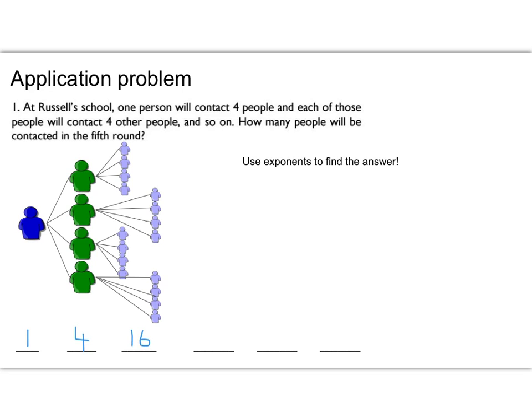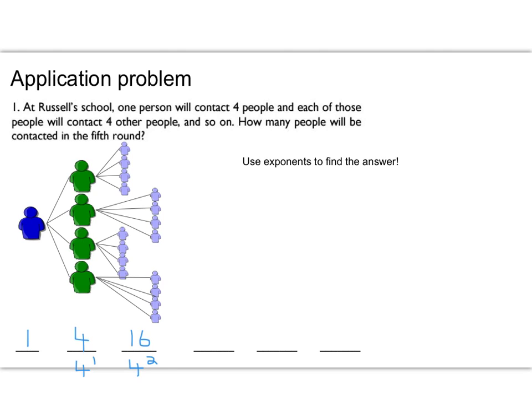But keep in mind, you could write this as 4 to the 1, and you could write this as 4 squared. So think about how this will play out, and what I want to know is how many people will be contacted in the 5th round.